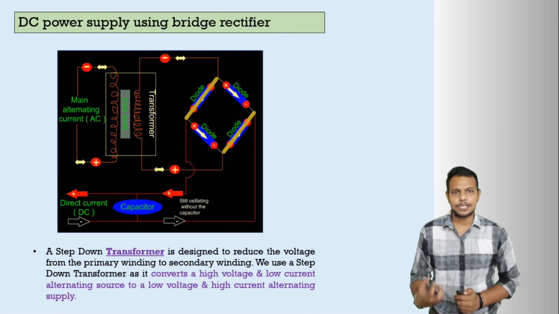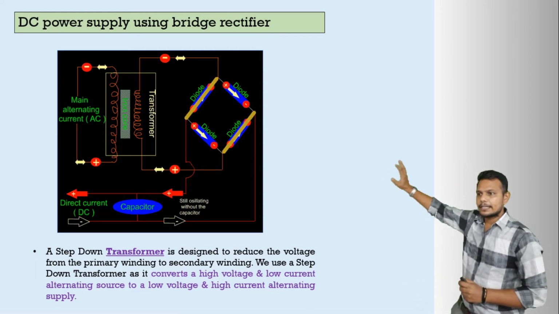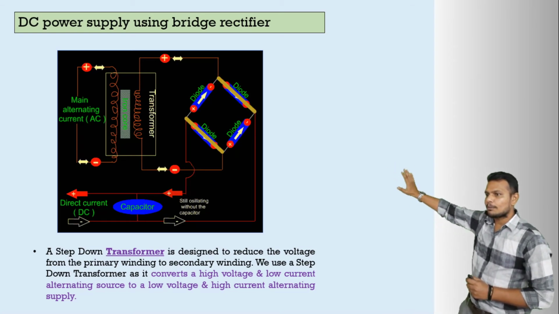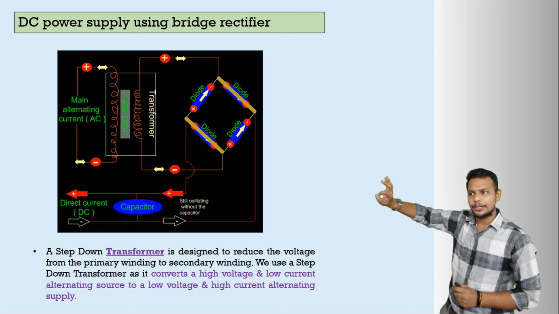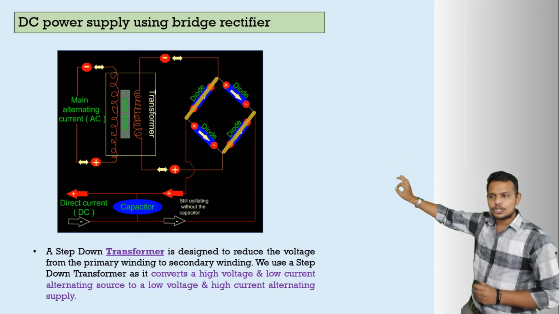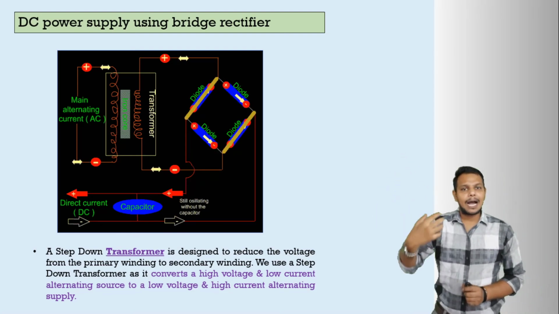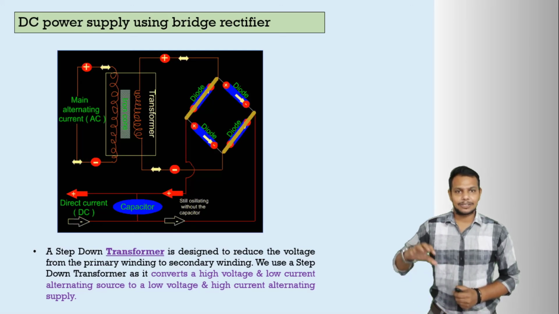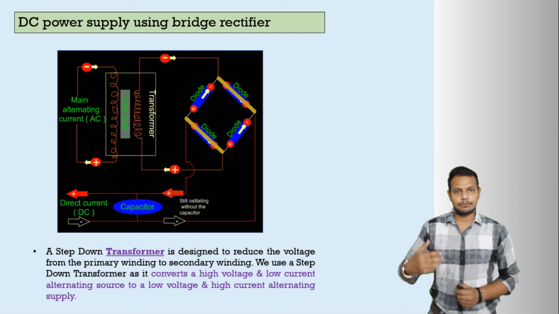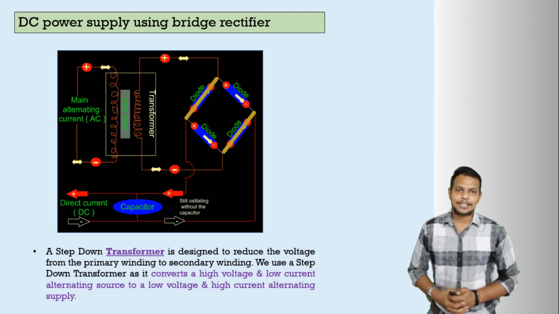Now here we are using a step down transformer as it converts a high voltage and low current alternating source to a low voltage and high current alternating current. So this is the reason why we are using the step down transformer here.